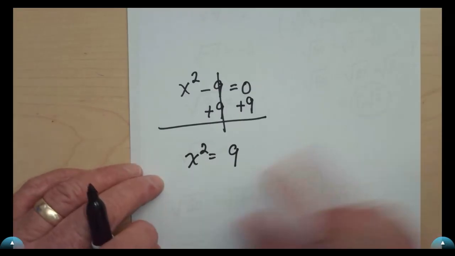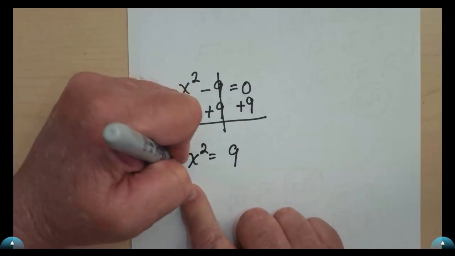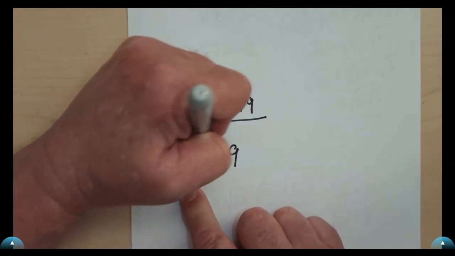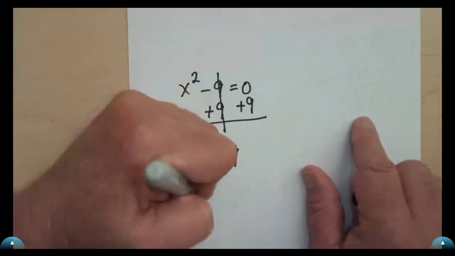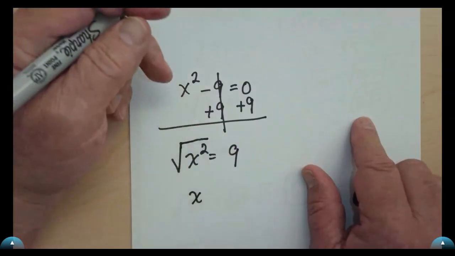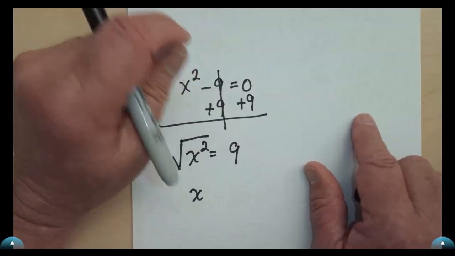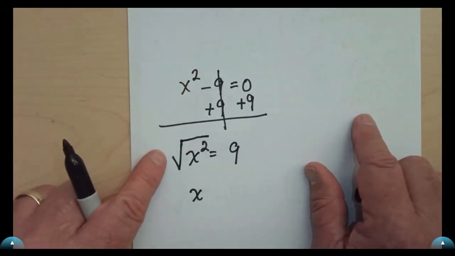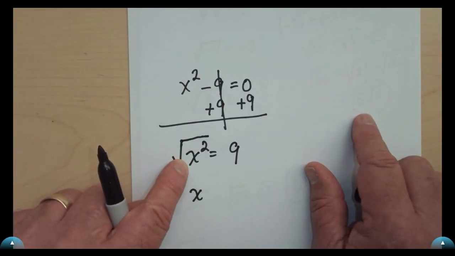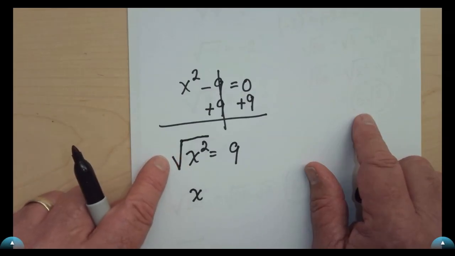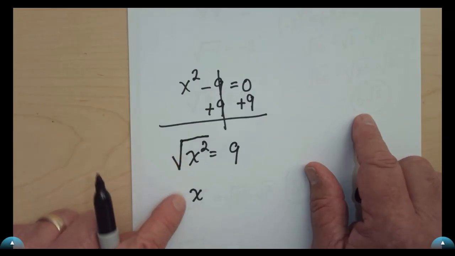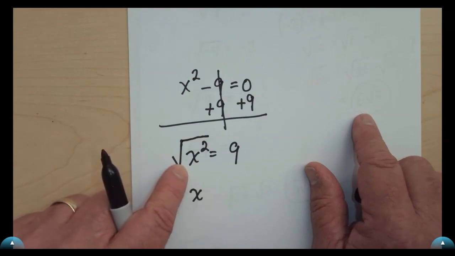But do y'all agree, based on what we've said about square roots, if I take the square root of x to the second power, I would just get x, right? Remember, listen real carefully. The square root of x squared is equal to whatever I would raise to the second power to get x squared.